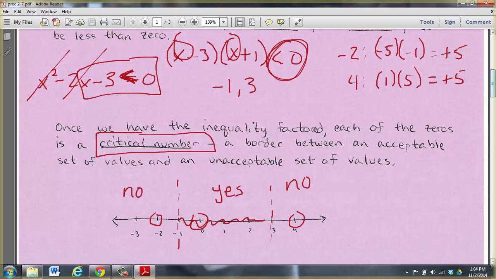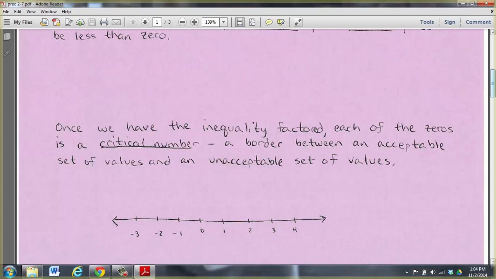Now the only question is, does it include 3 and -1? Here's what we found. This was a no, this was a yes, this was a no. Does it include the points -1 and 3? Well, the formula itself was x squared minus 2x minus 3 less than 0.